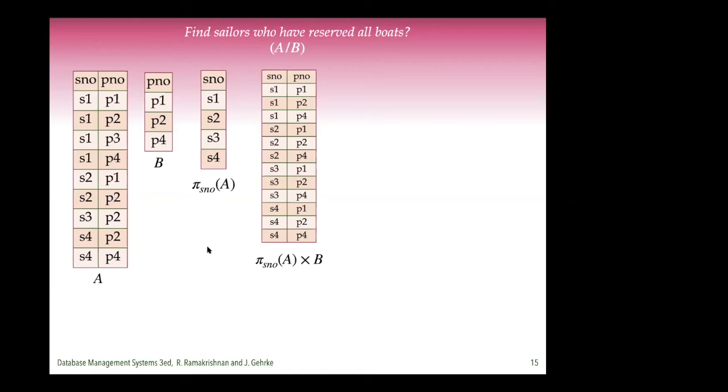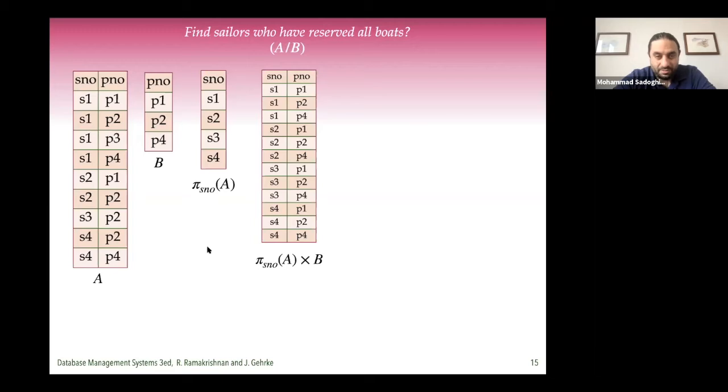Would we divide or something? There's no division here. All the operations that we have are cross product, projection, selection, and set difference. So we're trying to use just those basic operators to construct this.